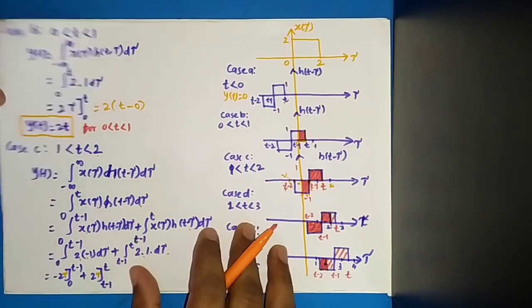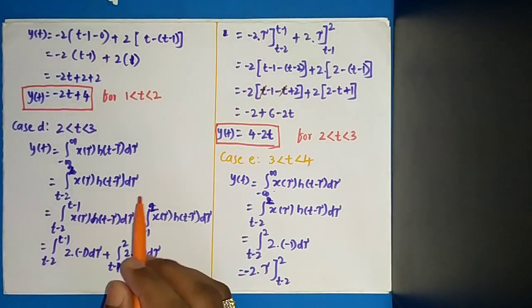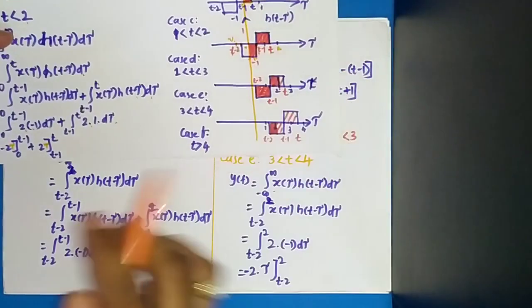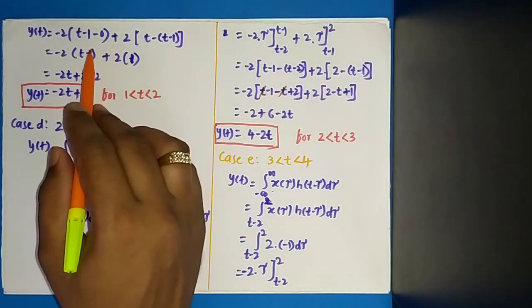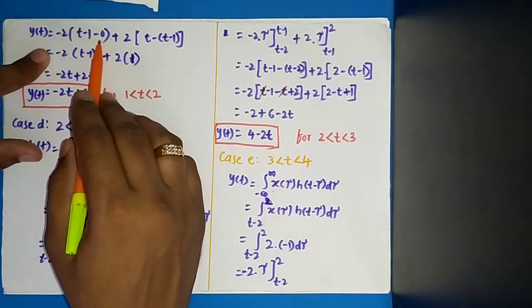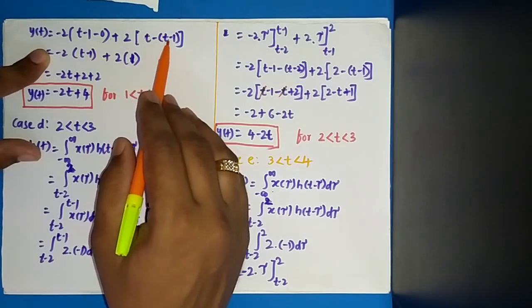Okay, so moving further, if I substitute those intervals inside, so it will be minus 2 as you can see here. Okay, t minus 1 and 0, I am substituting here. So this is minus 2 common, t minus 1 minus 0 plus 2 into t minus of t minus 1.